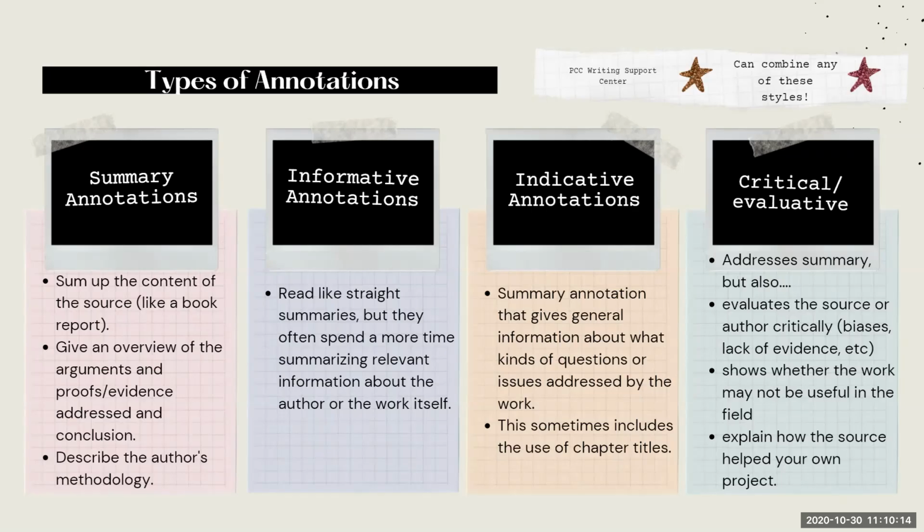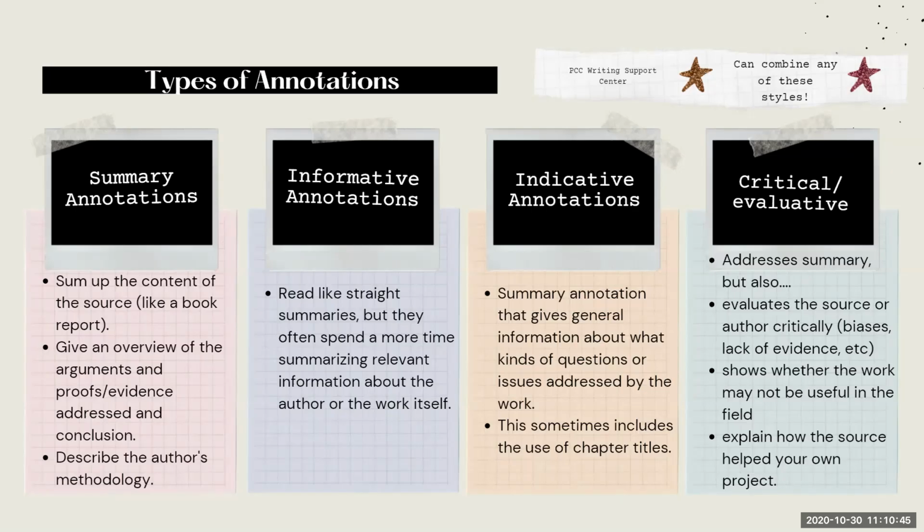To start off, summary annotations, just like it sounds, you're summarizing the content of the source and giving an overview of arguments, the proofs, evidence that were discussed, and the conclusion of the source. It very much will read like a book report. You're just giving an overview as to what the source was about. And you also describe the author's methodology, how the author did their research.